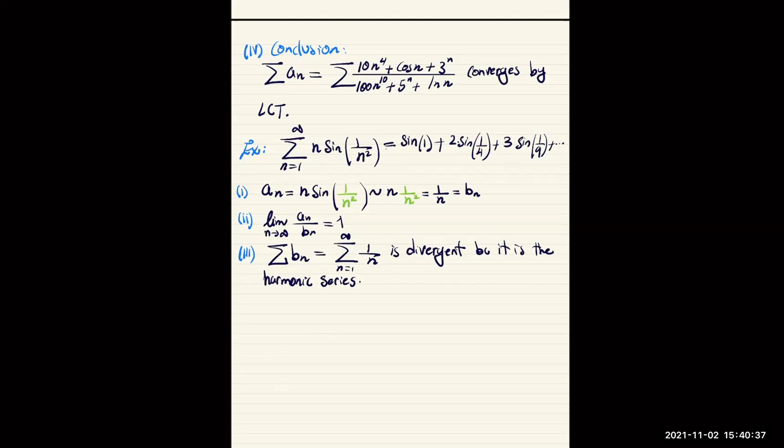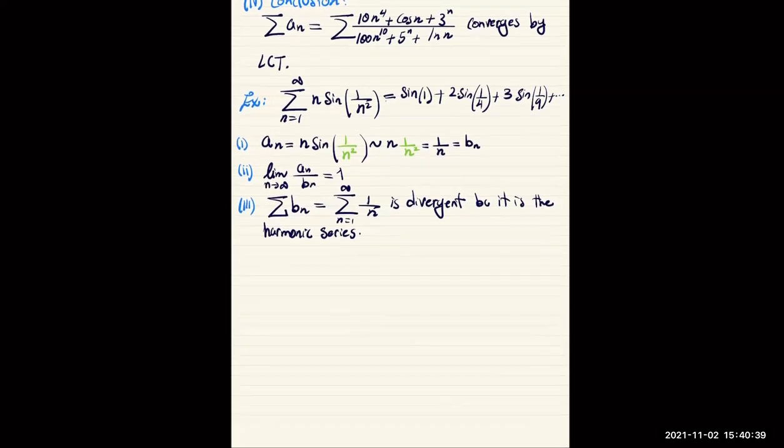And the conclusion: the original series diverges also by limit comparison.